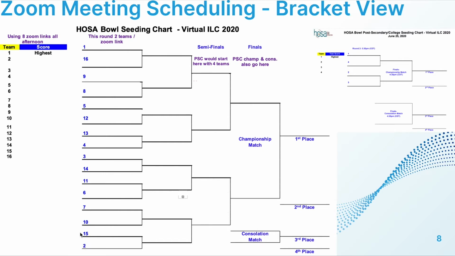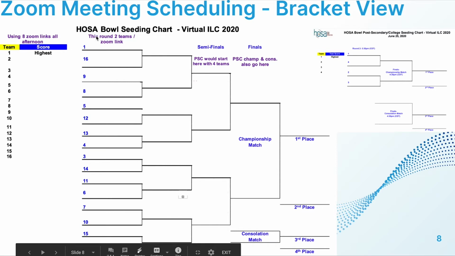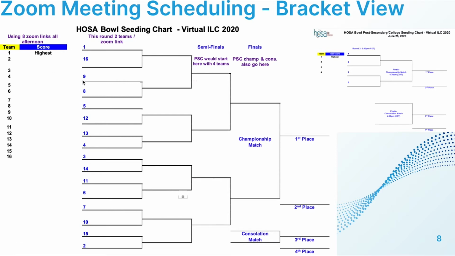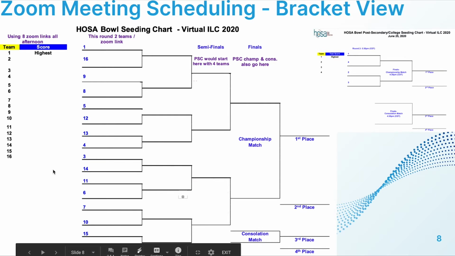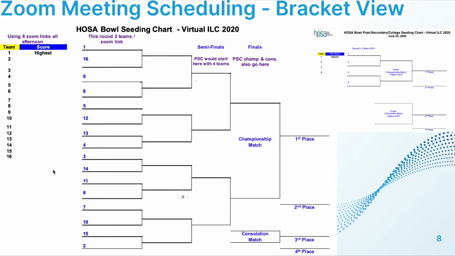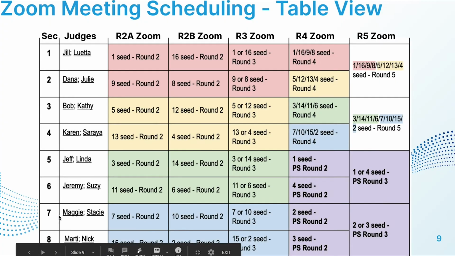We did 8 breakout rooms, in which each team would go into a breakout room with the 2 judges. Then we did a round 2B. So seeds 16, 8, 12, 4, 14, 6, 10, and 2 would then be in round 2B. Same thing would happen. They'd all come in together, then get in their breakout rooms with their 2 judges.